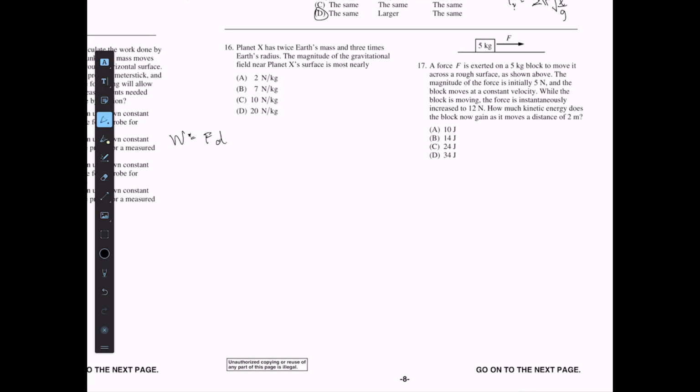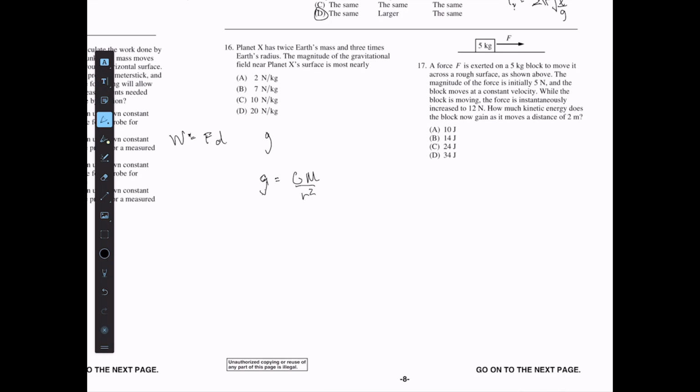Planet X has twice Earth's mass and 3 times Earth's radius. The magnitude of the gravitational field near Planet X's surface is most nearly? So the magnitude of the gravitational field is basically little g. So little g is equal to big G m over r squared.